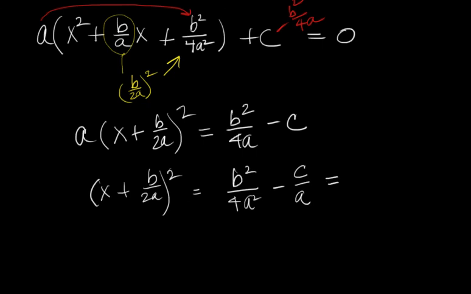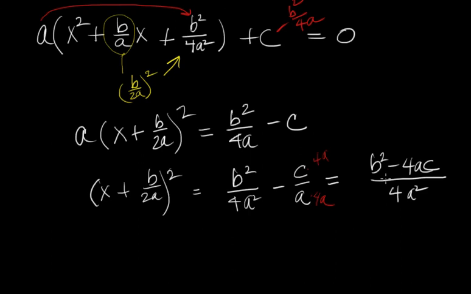I need to multiply this fraction to get a common denominator by 4a on the top and 4a on the bottom, giving me b squared minus 4ac here, and on the bottom I have 4a squared.